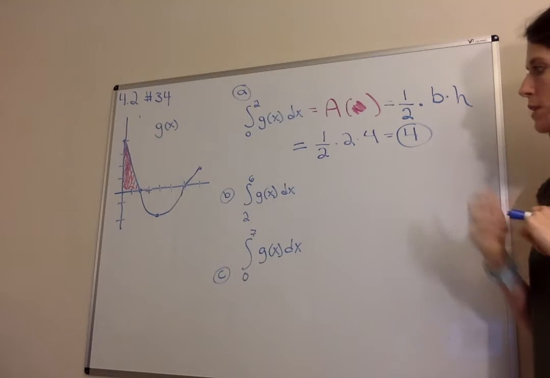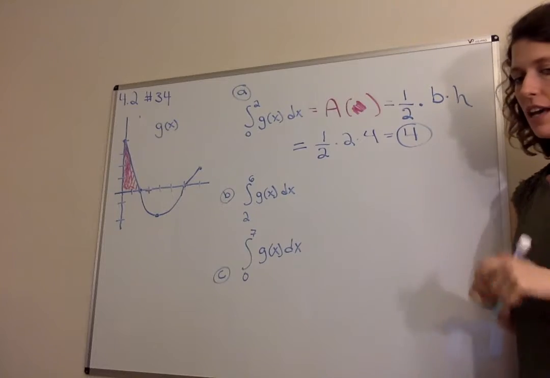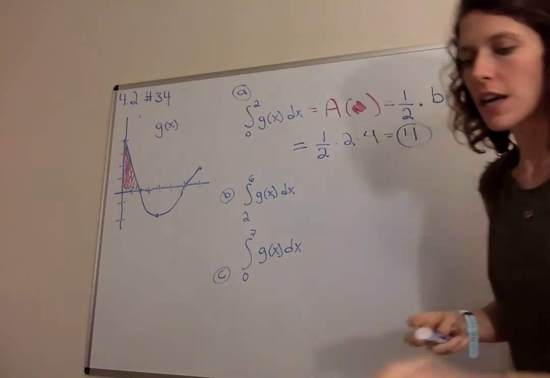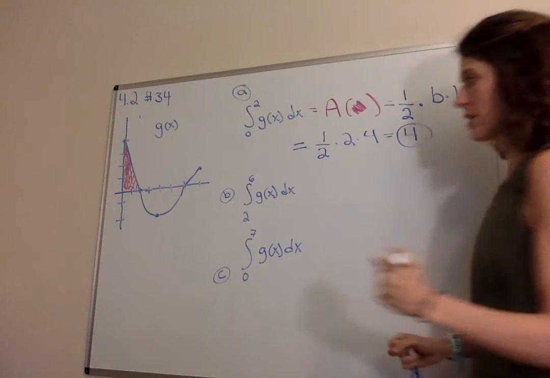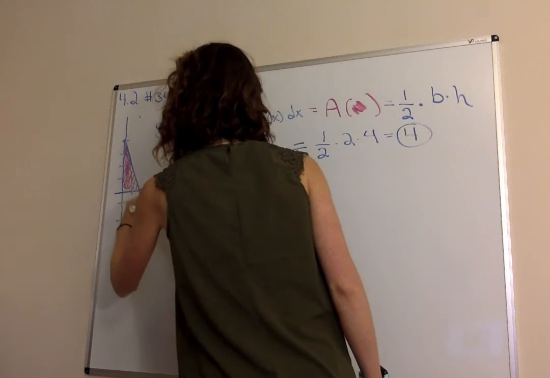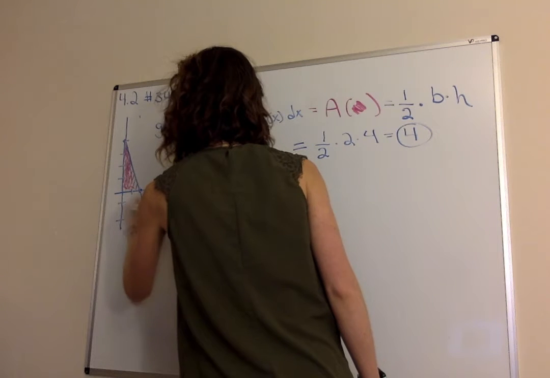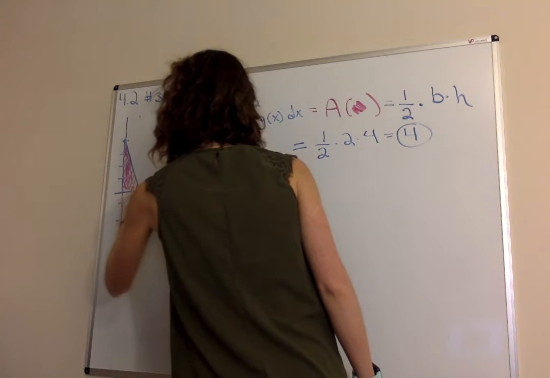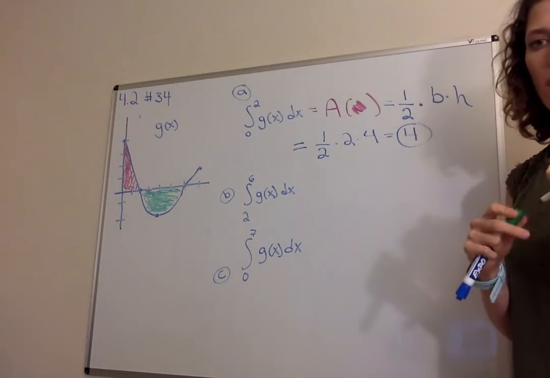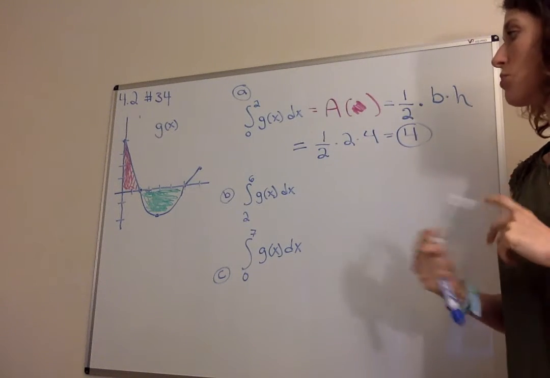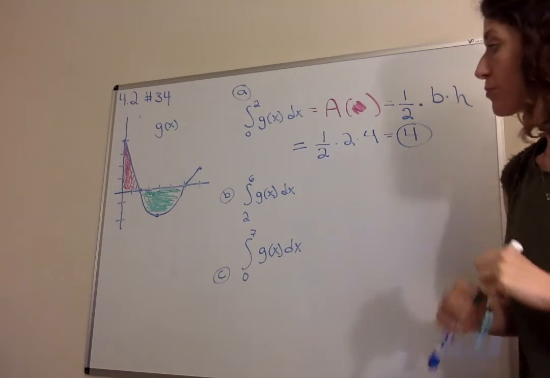The next one that I'm going to look at is the integral from 2 to 6 of our function g of x. That corresponds to the area I'm about to shade in green. If you look at the write-up of the problem in the book, they do tell you that the green shaded area corresponds to a semicircle.